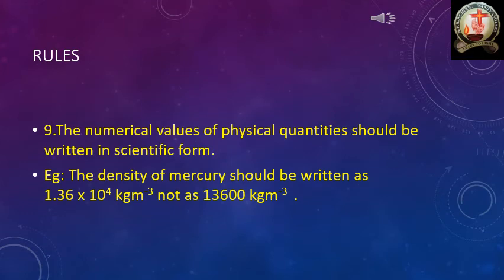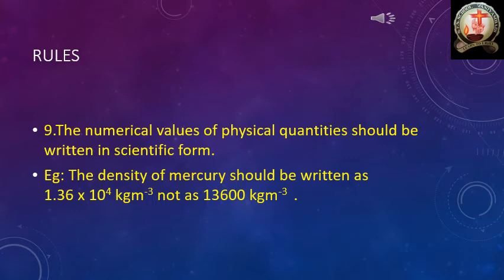Next, the ninth point: the numerical values of physical quantities should be written in scientific form. Do you know what a physical quantity is? Physical quantities are measurements like area, volume, density. So the numerical values of physical quantities should be written in scientific form. What is the scientific form?